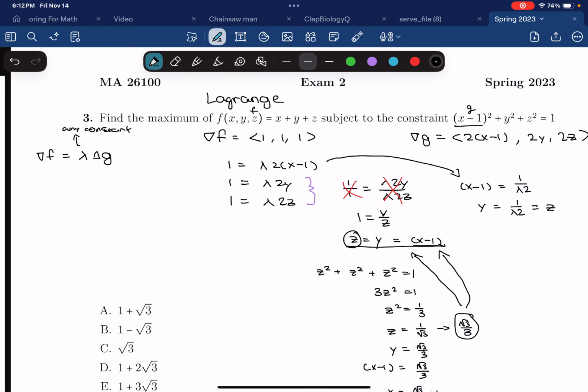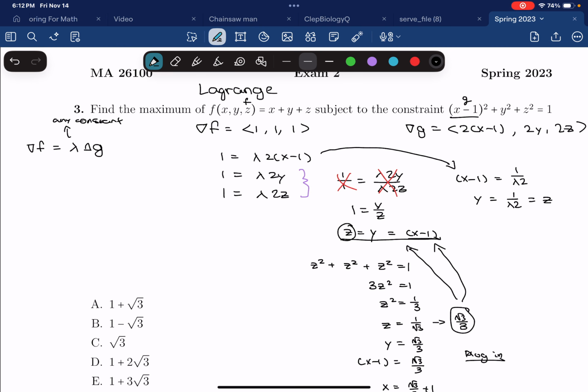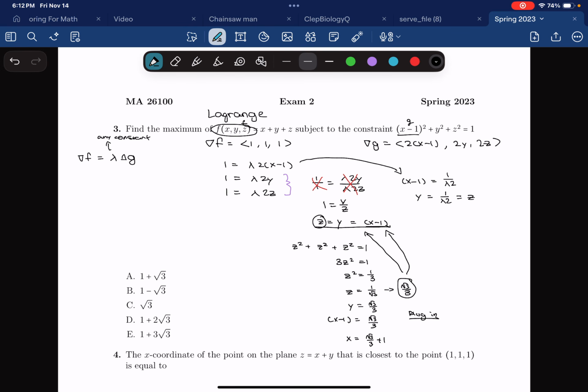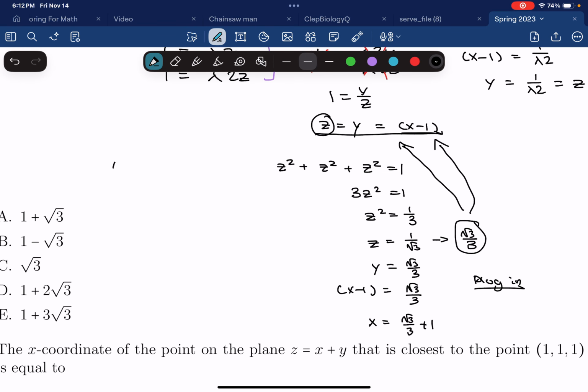Now, all we have to do is plug back into our f right here, which is simply x plus y plus z. So if we plug this in, we simply get root 3 plus 1 plus root 3 plus root 3.